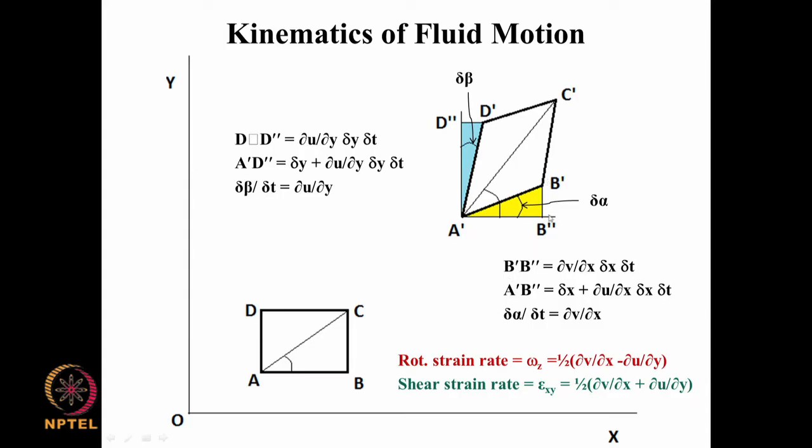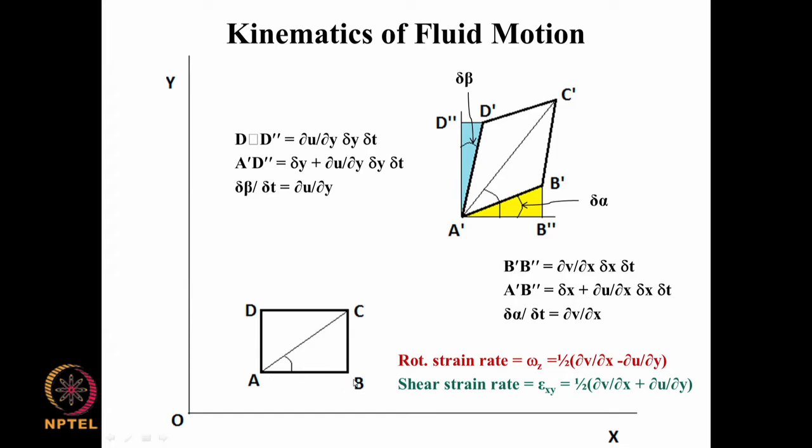So, you can say that the distance B prime B double prime is dou V by dou x times delta x times delta t. Now, what is this dou V by dou x? Dou V by dou x is the change of V with respect to x. Particles A and B are displaced relative to each other in the x direction, so you have a velocity V here and another velocity at this different x.